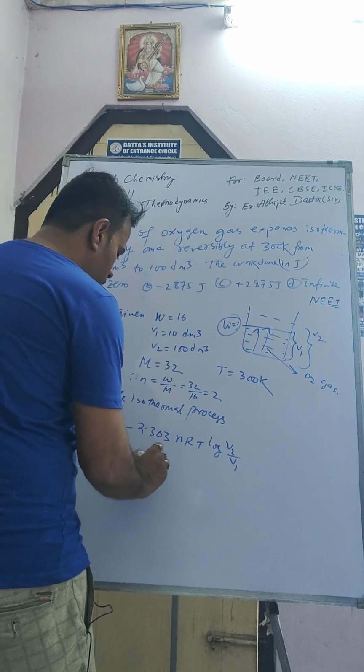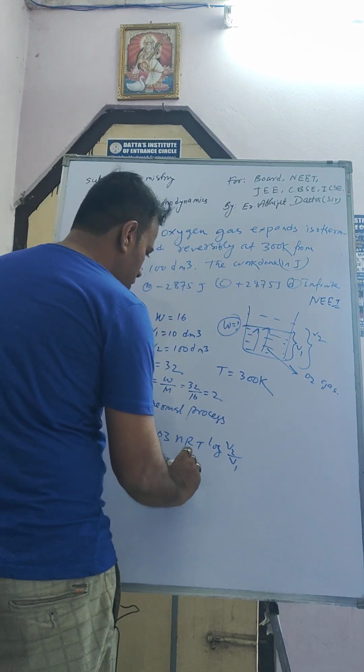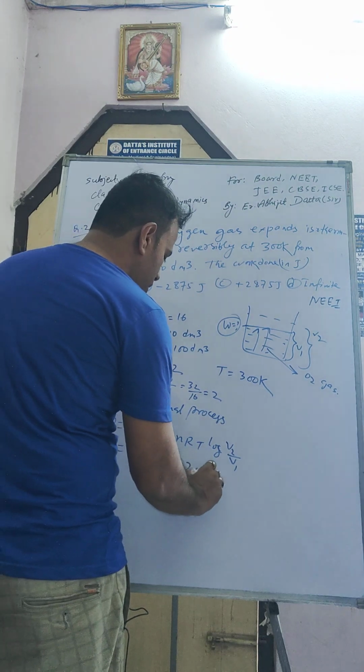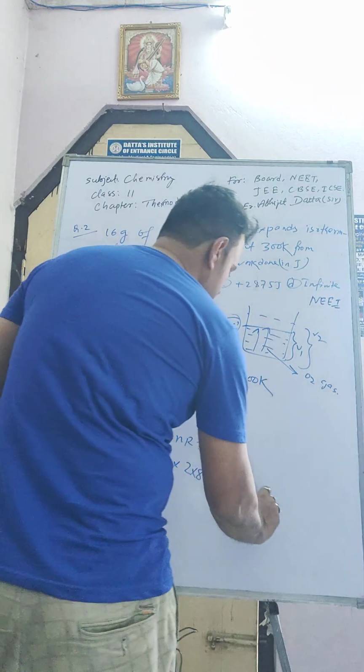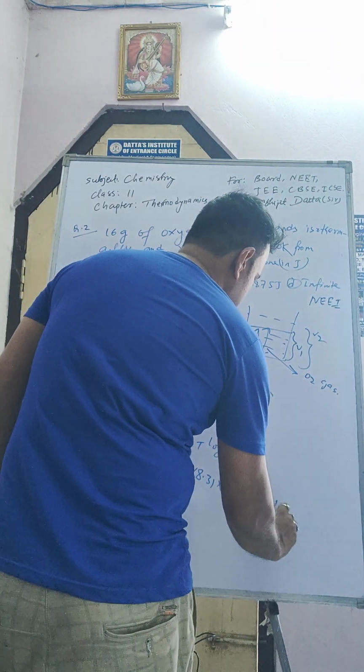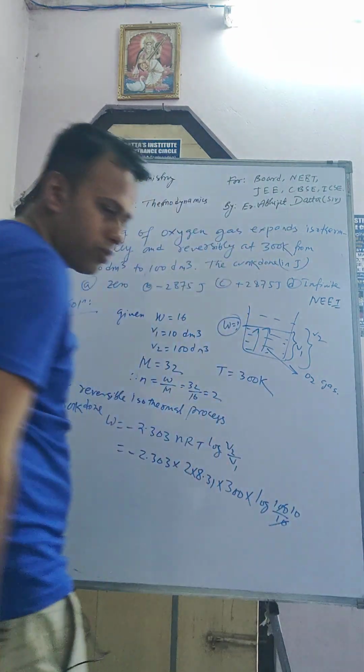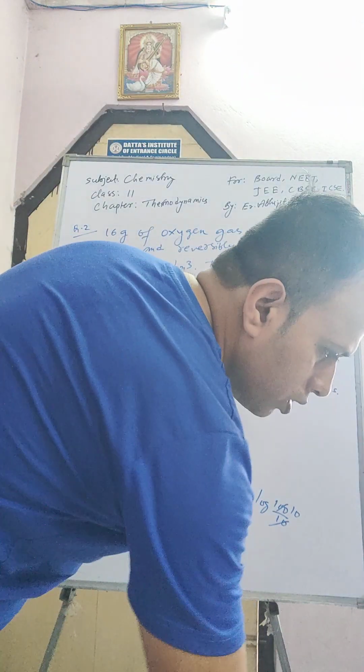So minus 2.303 into n, into 8.31 into T, which is 300, and log of volume ratio 100 by 10, it will be log 10.